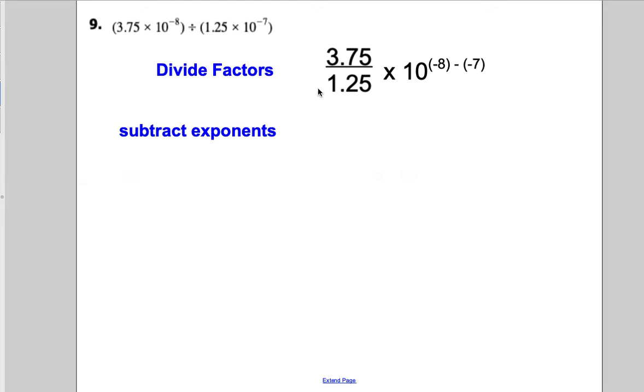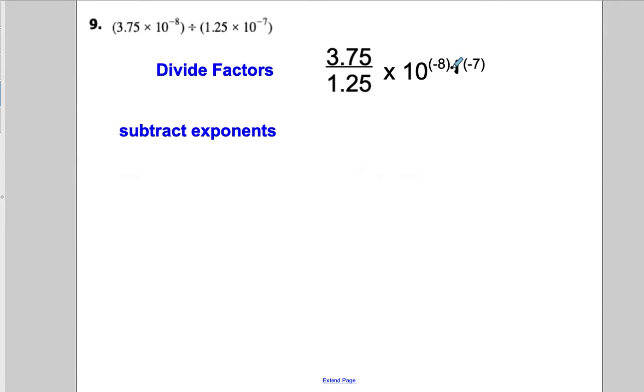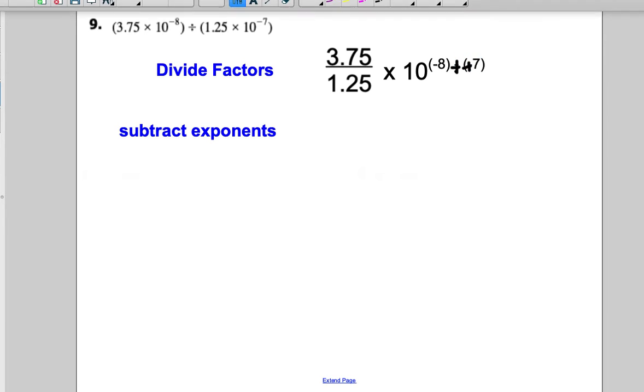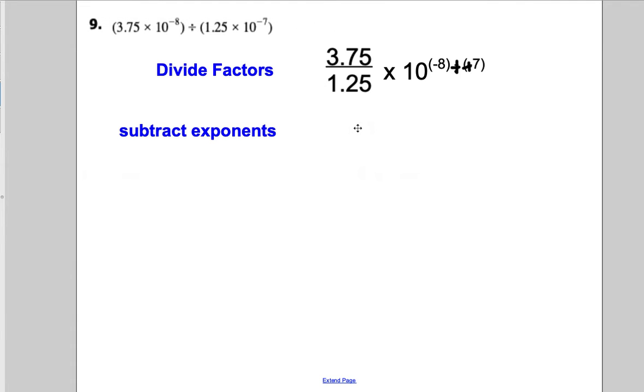You get negative 8 plus, because we're adding the opposite of negative 7 is positive 7. So I end up with 3.75 divided by 1.25 is 3 times 10 to the negative 1 power. Negative 8 plus positive 7 is negative 1.